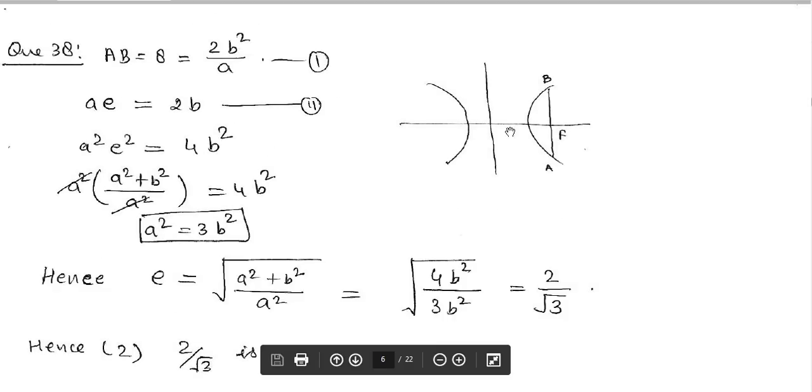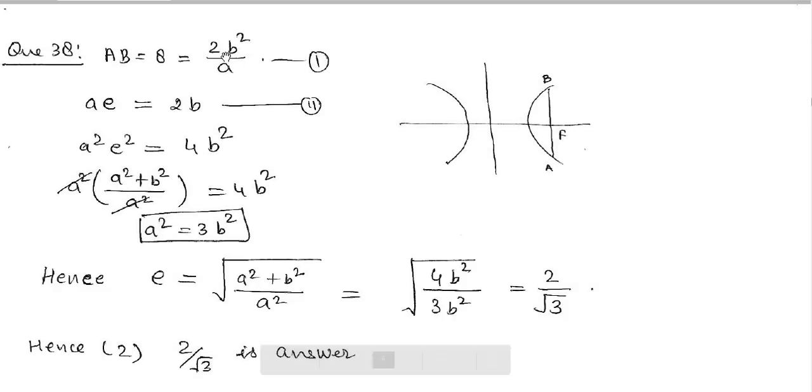For this hyperbola, the latus rectum is 8. We have assumed AB as the latus rectum.